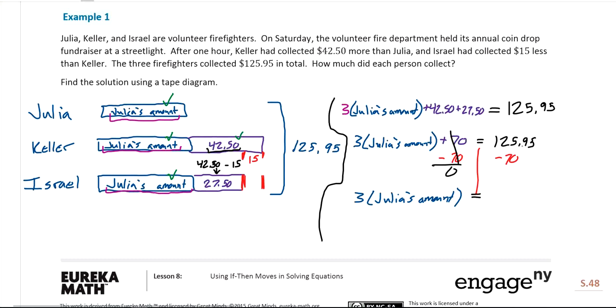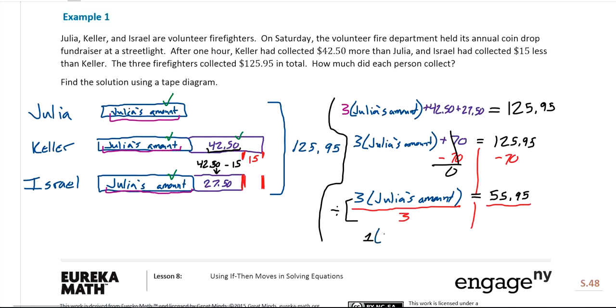So 125.95 minus 70, what does that give us? That gives us 55.95. And let's keep going. Last thing I want to do is get Julia's amount by itself. So I am going to divide both sides by 3. Because remember, 3 divided by 3 would equal 1.